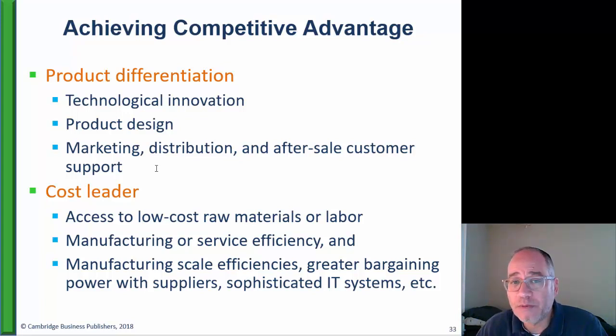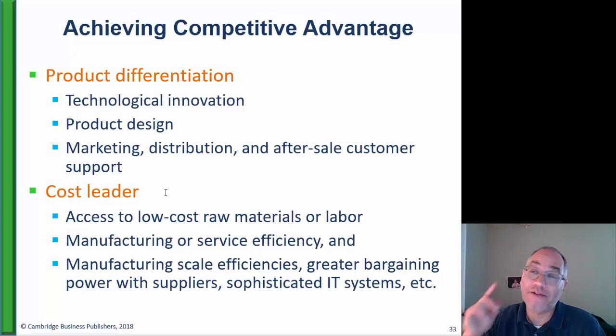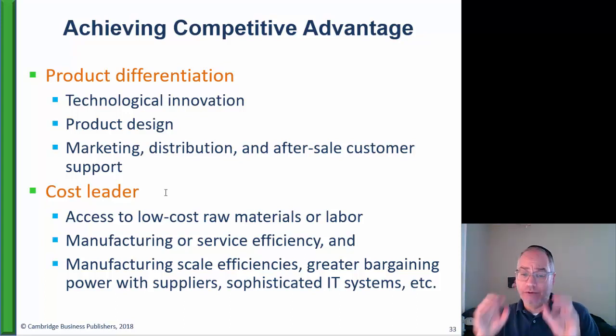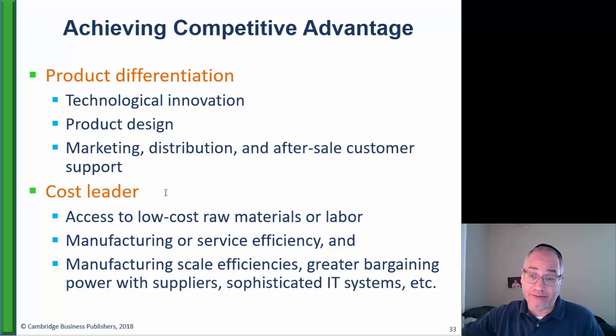A different approach would be what we call cost leader, that you would have the cheapest products. That's definitely not Starbucks. So if you're going to do that, then you need to know how to make and sell your product for less money than your competitors. For example, Walmart. Walmart as a company is a master, is better than anybody in the universe at selling things at the lowest possible price.